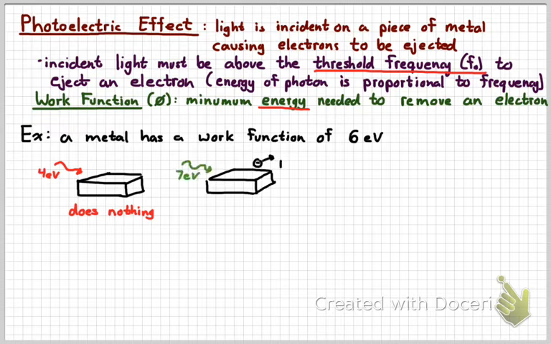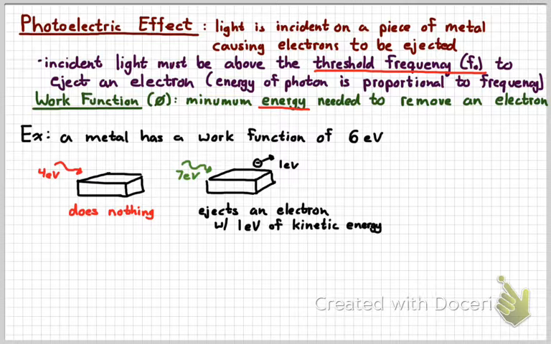If you shine light on there that is 7 electron volts, slightly more energetic, that's above the work function of the metal, and so it's going to eject an electron. A little black dot with a negative sign in there is an electron. The leftover energy, after you subtract 6 volts, goes into the kinetic energy of the electron. It's moving pretty fast.